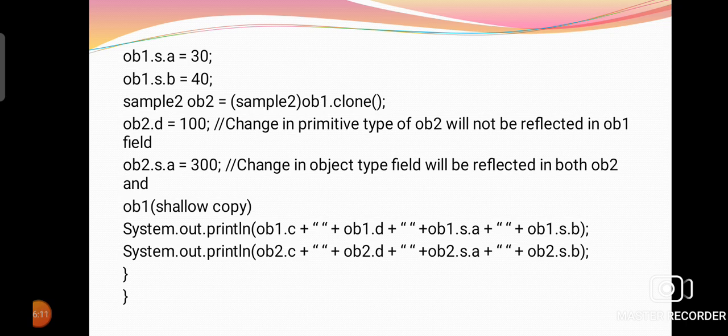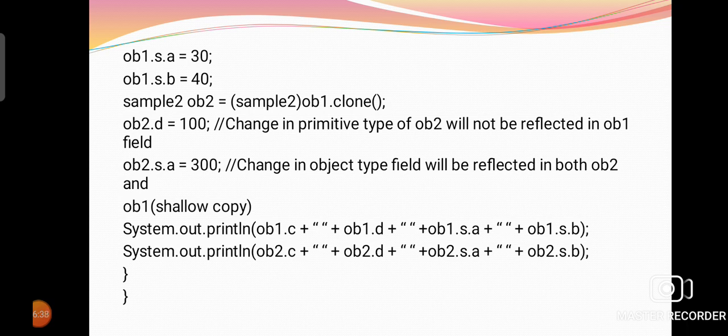Under this we are creating the object clone for the object ob1. The new reference name is ob2. We have to perform it with the help of the clone method, and we have changed the value of some members by referring different object names, and we printed the value of the members by mentioning the different object names.